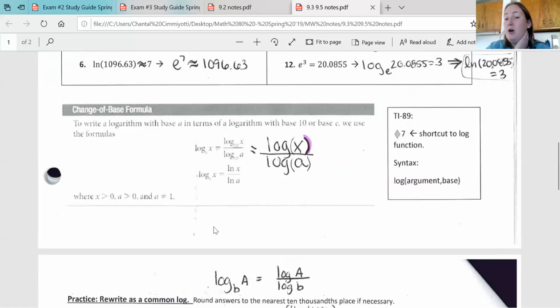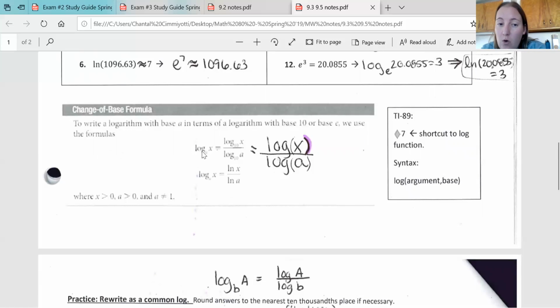You can convert those so that you can use any calculator, scientific or the 84 or the 83, but primarily those scientific can do it very nicely when it's in base 10. So the way you do that is you do log of your argument divided by log of your base.